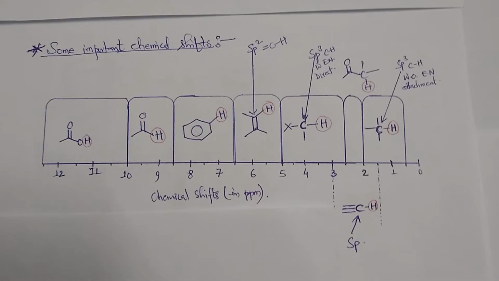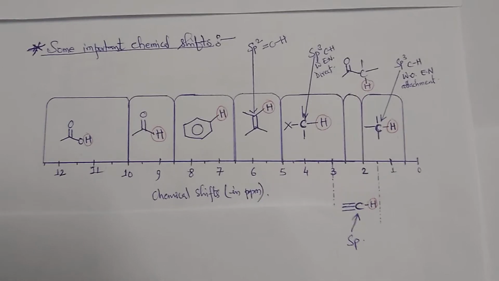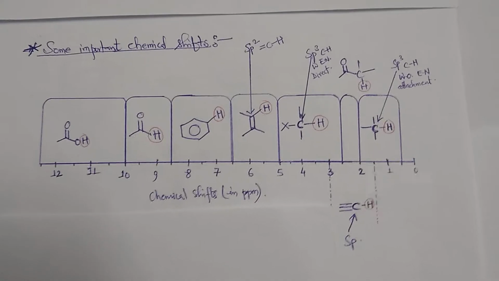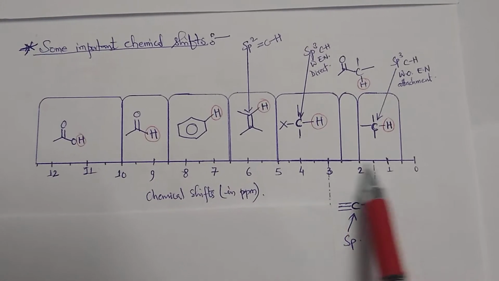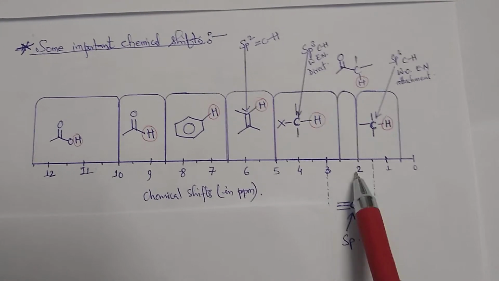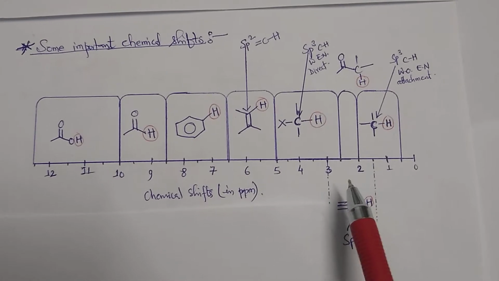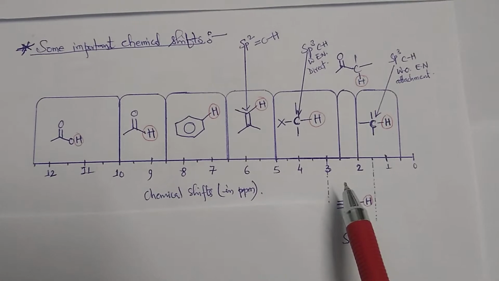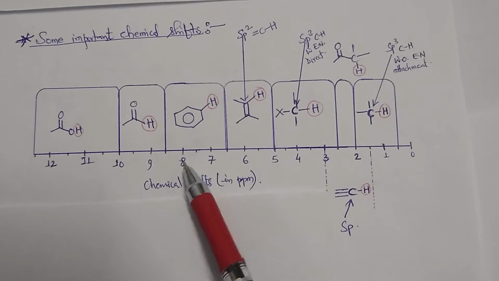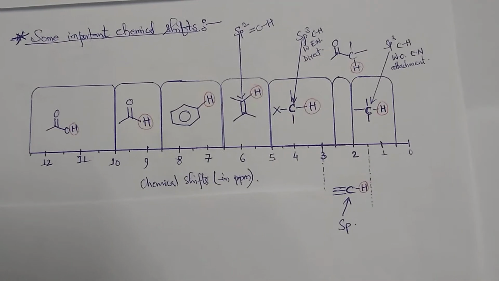As we have seen above, if a proton is shielded, then it will have a low frequency and it will show a low chemical shift, that is low chemical shift around this region, that is called upfield. And if the proton is deshielded, then it will show high frequency, therefore it will have a high chemical shift, that is around this region, which is also called downfield.